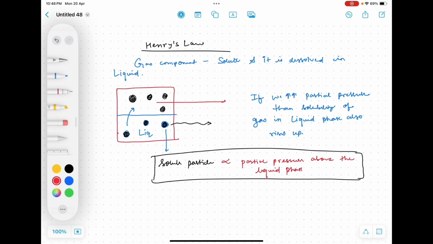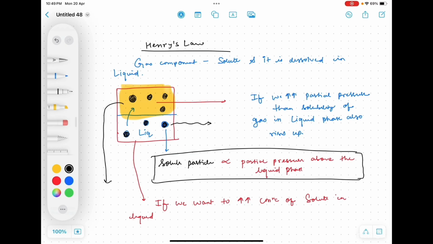Means if we want to increase the concentration of solute in liquid phase, then we will have to increase the pressure.